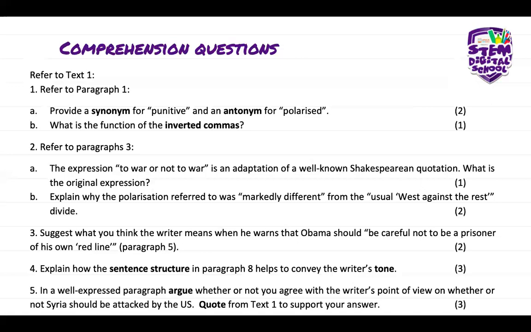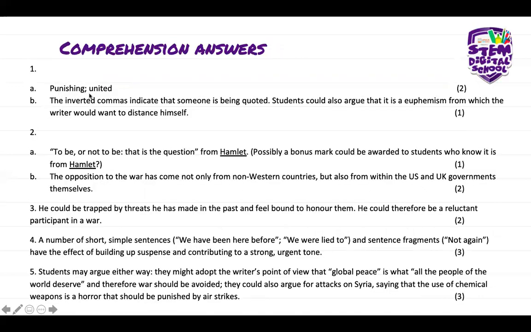What's the answer? Punishing and united.